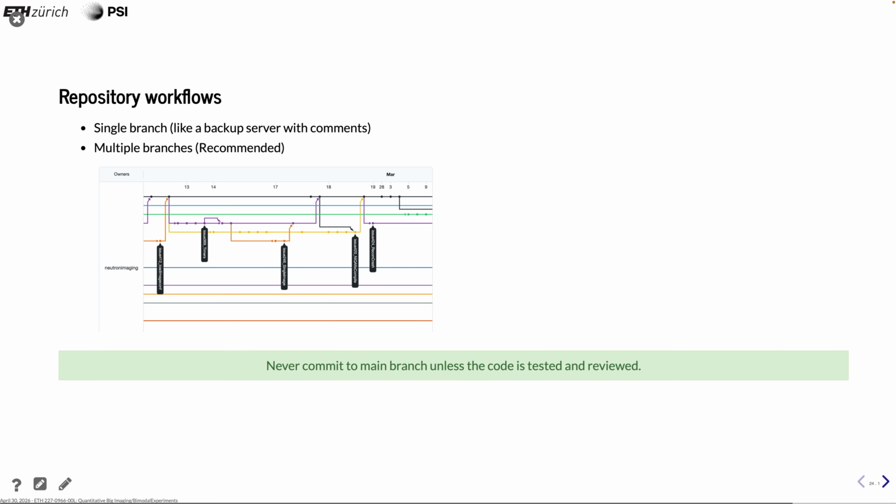And I have mentioned a lot of times now that you can work with branches, and there are different workflows. You can work on a single branch, then it's like just a backup server with comments. But the best way to work is actually to work with multiple branches. And then you split off.